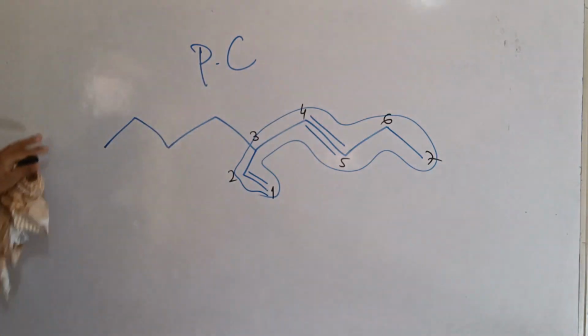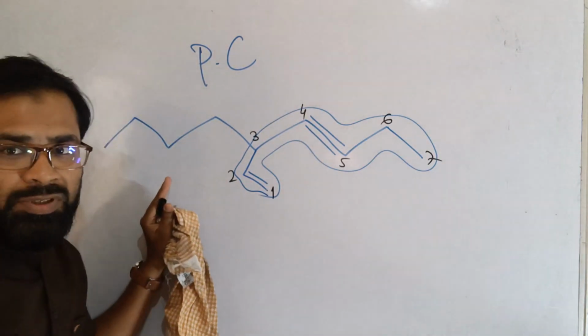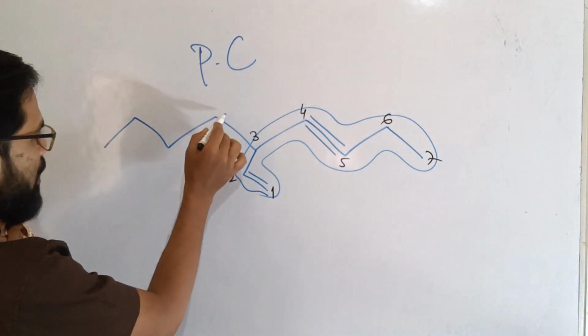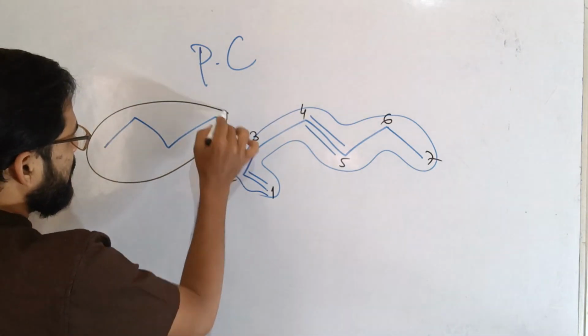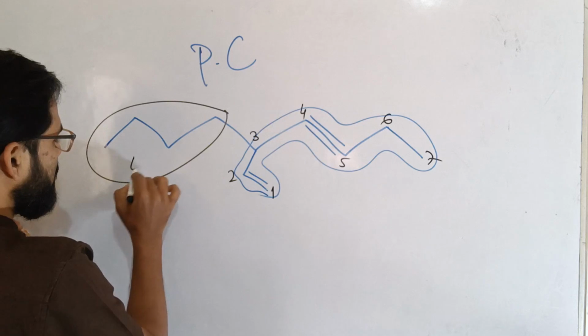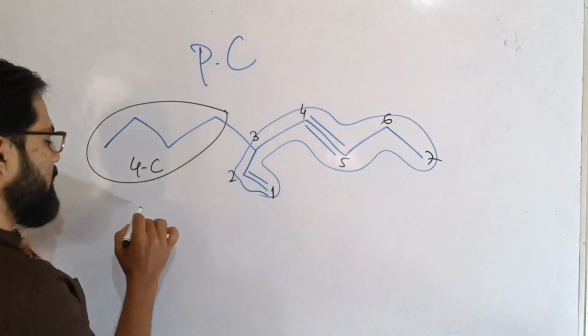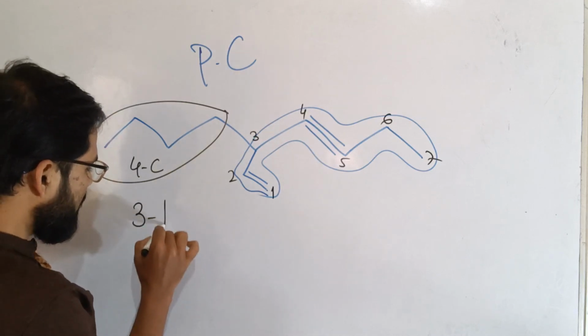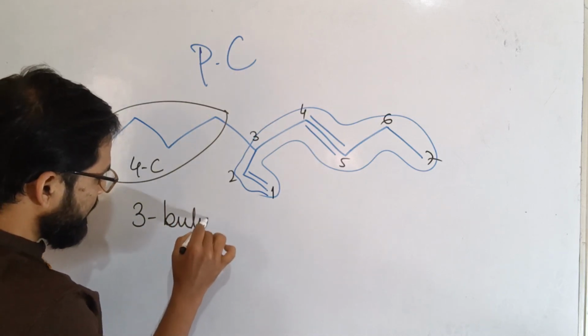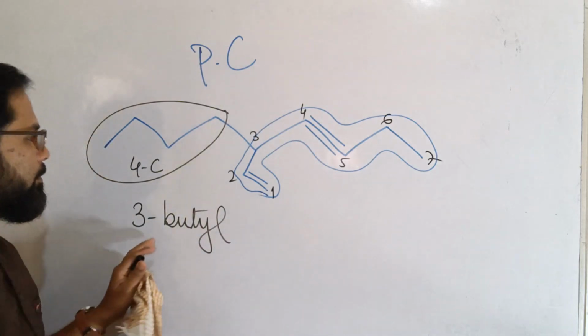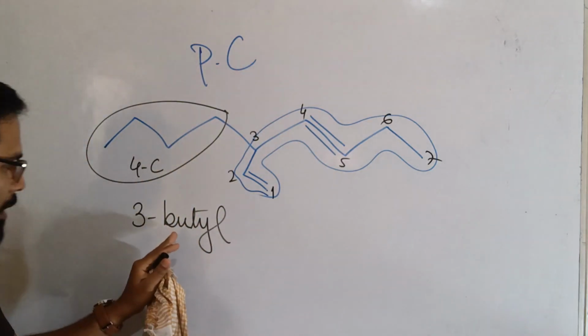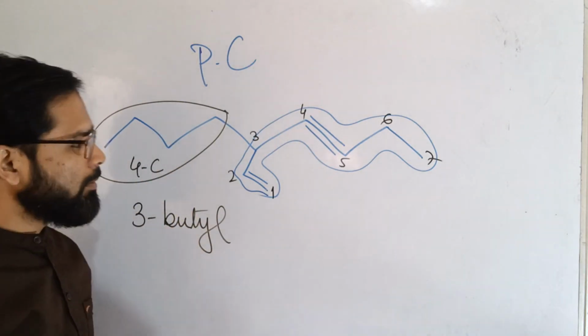Now this whole thing will be the substituent or branch. So how many carbons? 1, 2, 3, 4 carbon. Which position? Third position. So 3-butyl, because of 4 carbon, that substituent will be butyl.